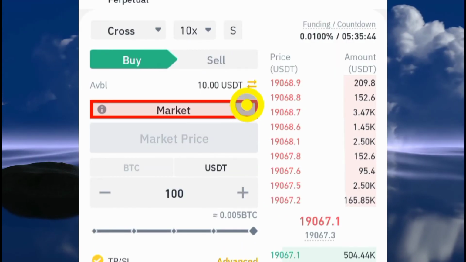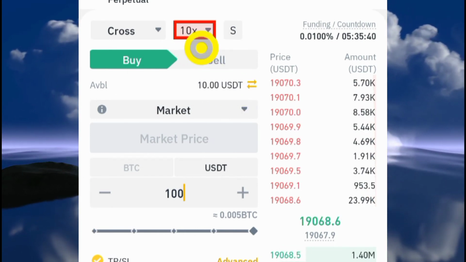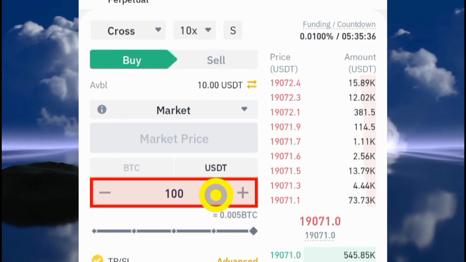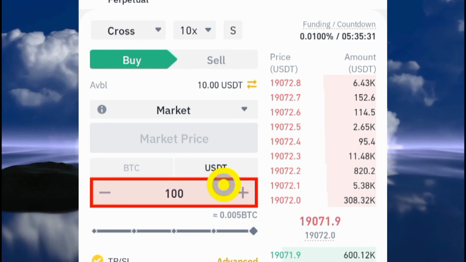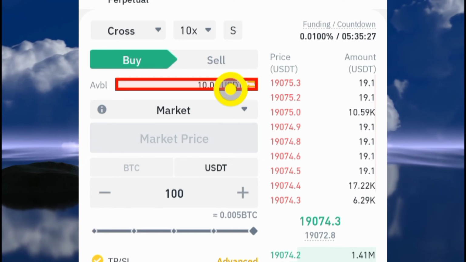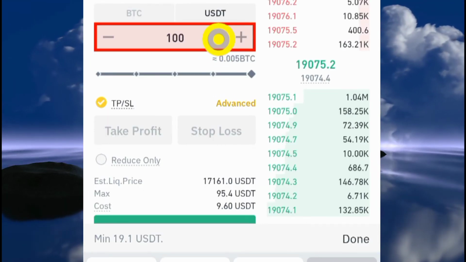The profit would be even bigger if I used maybe 100x leverage, right? That would give me the buying capacity of $1,000. So 20% of $1,000 would be $200, and $200 profit added to my initial 10 USDT would be 210 USDT, right?